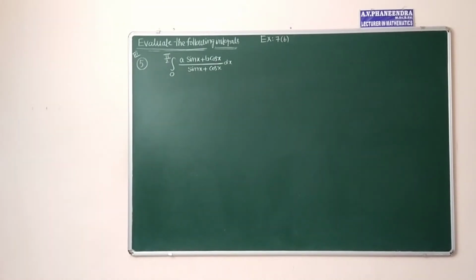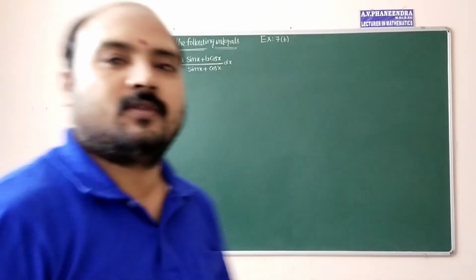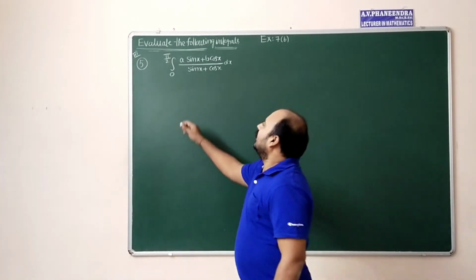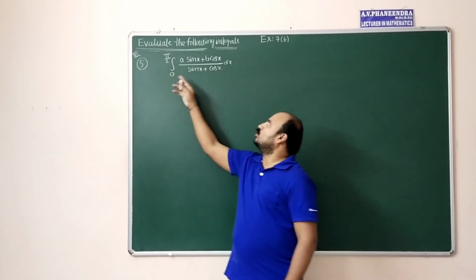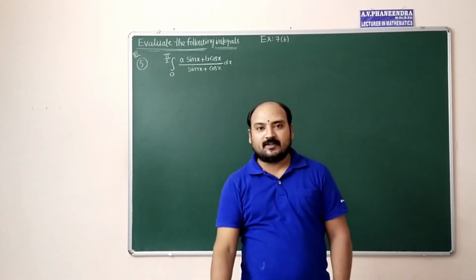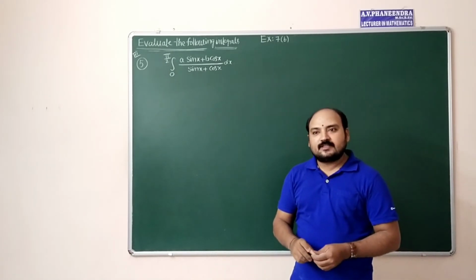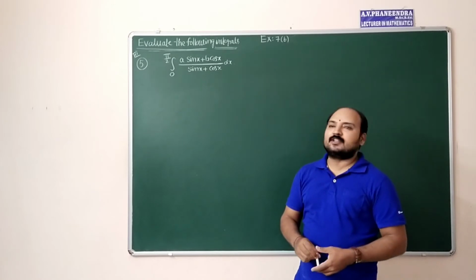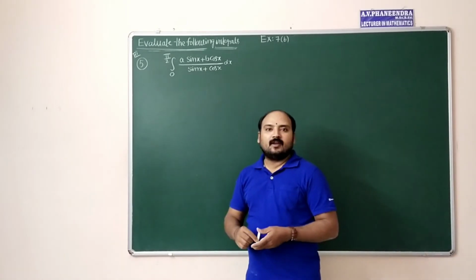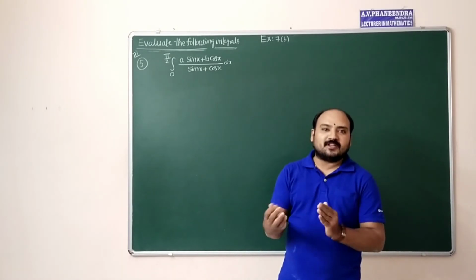The next question. Evaluate integral 0 to pi by 2 a sin x plus b cos x by sin x plus cos x into dx. To evaluate these type of problems, we have to consider the given integral as I. After that, you can apply the properties.